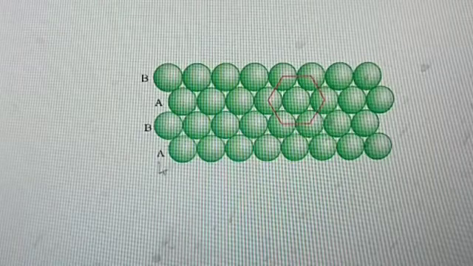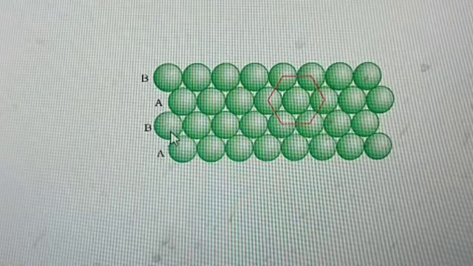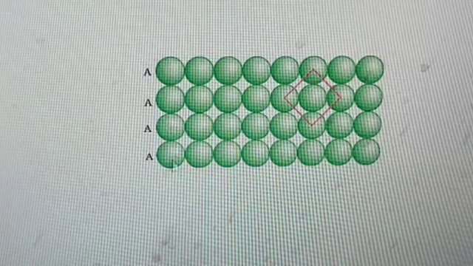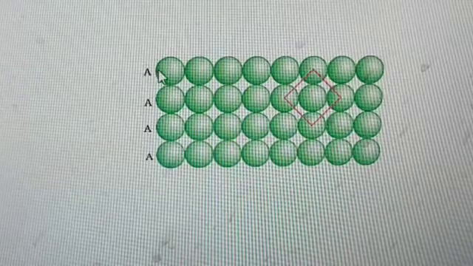How is it? This is layer A. Next, layer B, how is it present? It is not present at the exact position. See, if we look at the first one, these are present at the exact position. Ball to ball, meaning atom to atom, either horizontally or vertically, atom to atom are present.